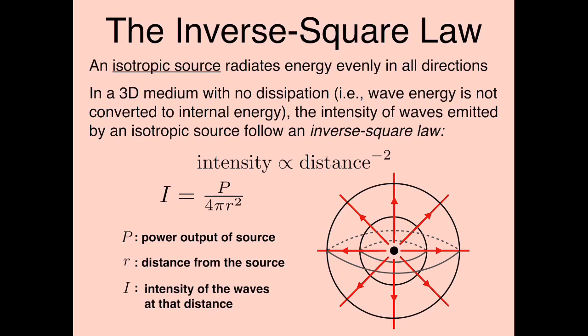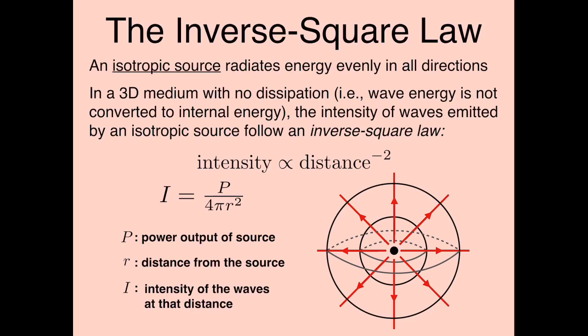So to give you an example, something like the sun or a light bulb would be a good example of an isotropic source of light waves. Because again, if you take a light bulb and you're standing next to it, let's say, and you shift your position, maybe you stand on the other side of the light bulb, it looks just as bright because again, it's radiating that light energy evenly in all directions.